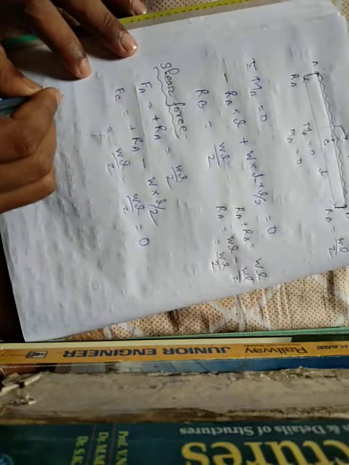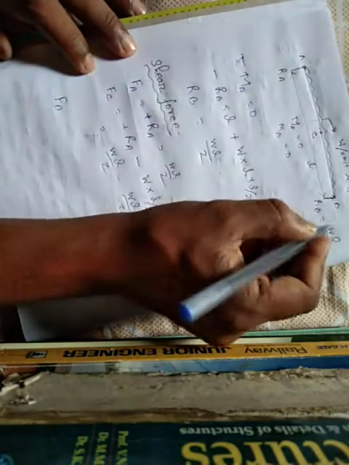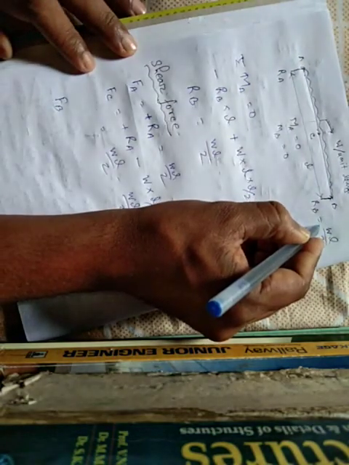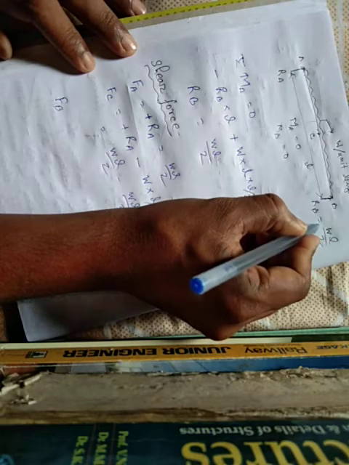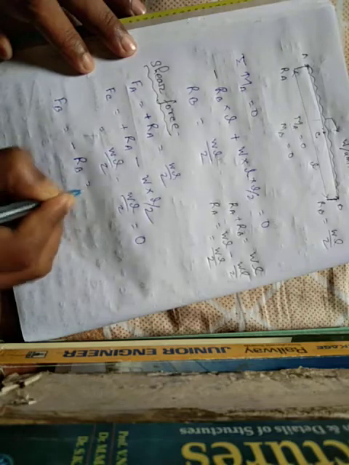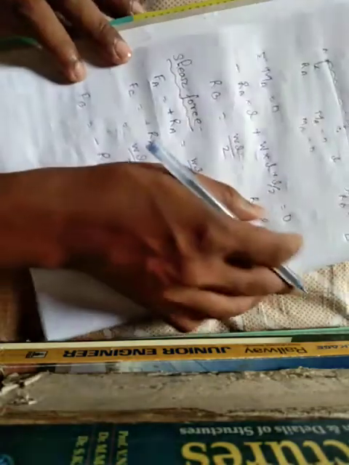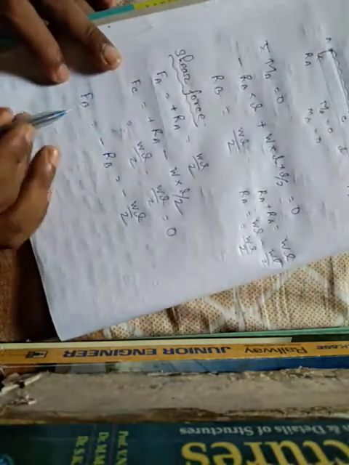Now shear force at point B. It is minus RB, reaction force always, equal to minus RB, which is equal to minus WL by 2. We can also find out the shear force at point B from this side. How to find out the shear force at point B?